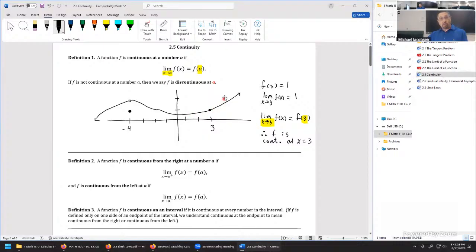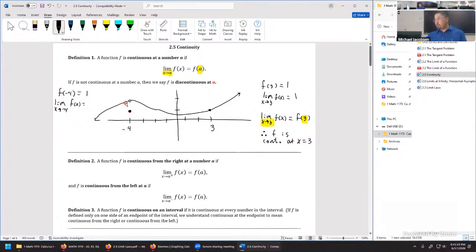We were just focusing on the 1.3, except for -4. It's not continuous there. So what goes wrong? If we go in the same order, f at -4 is at height 1. It drops below. That's where it's defined. Yet if we take the limit as x tends towards -4 of f of x, this is a double-sided limit.